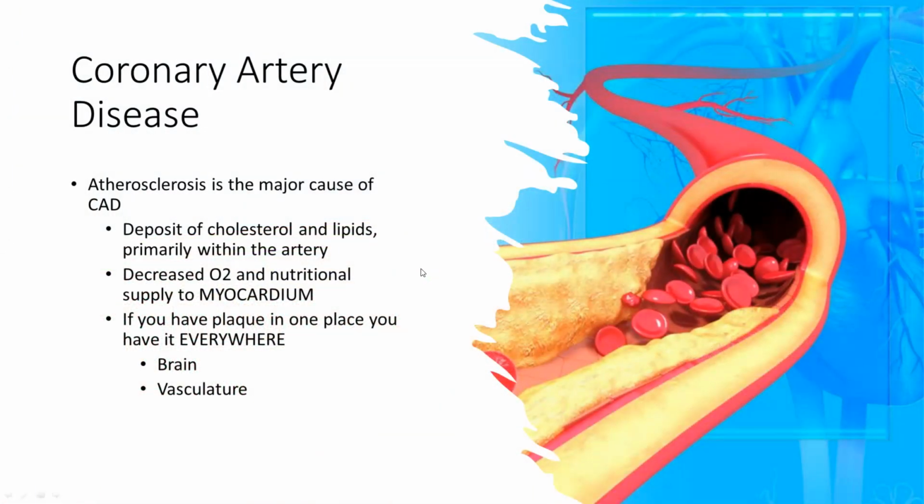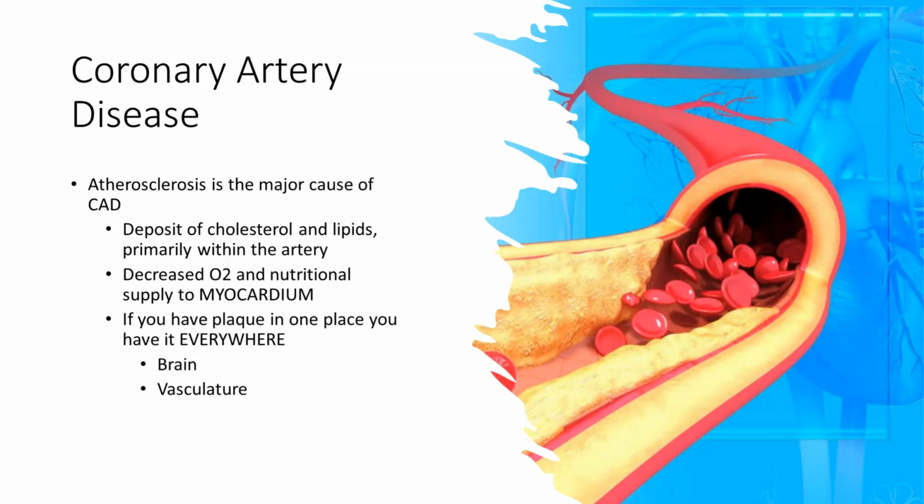So we know that atherosclerosis is a major cause of CAD, that's coronary artery disease. You have the deposits of cholesterol and lipids within those coronary arteries. This leads to decreased oxygenation and decreased nutrition to the heart muscle itself, the myocardium. And we've said if you have it one place, you have it every place.